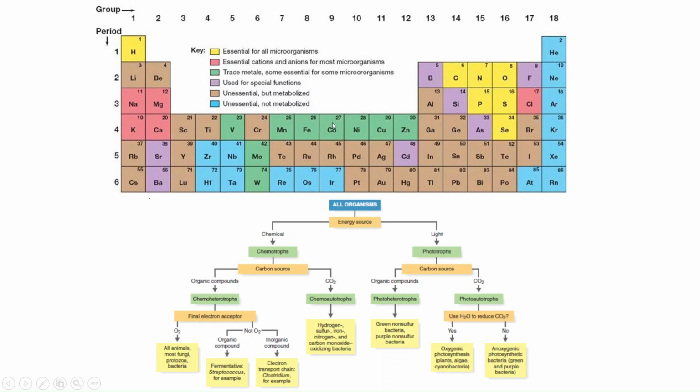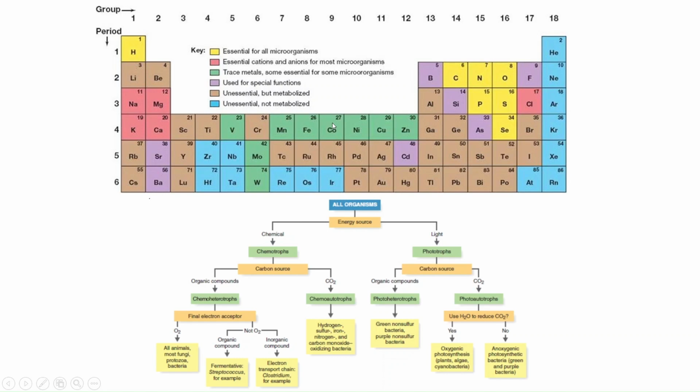Okay, you can see magnesium, sodium, calcium, all in the place of essential cations and anions, because we all know Mg2 plus can catalyze many enzymatic reactions. Similarly, this ion transport, sodium ion channel, calcium ion channel are all very important. The sodium and chloride help to maintain the osmolytic balance of the cell.